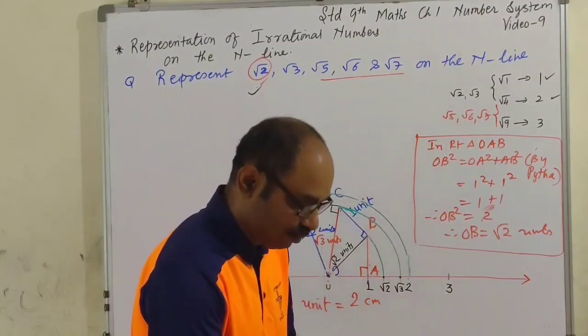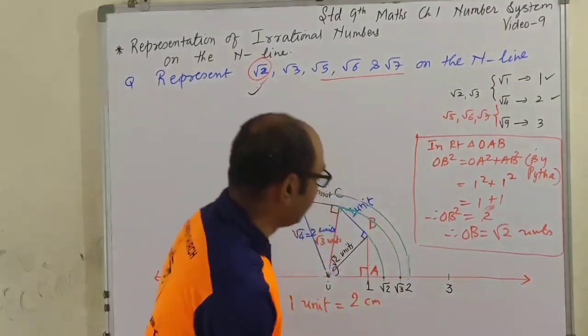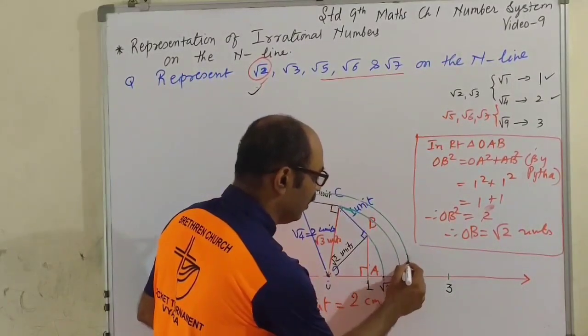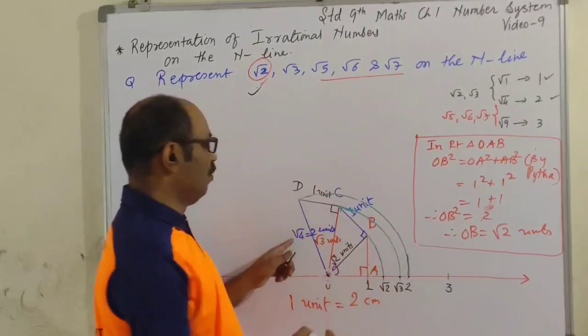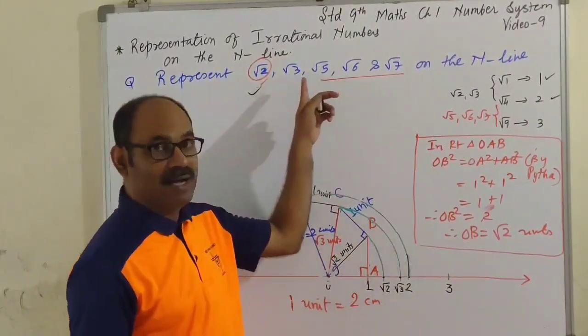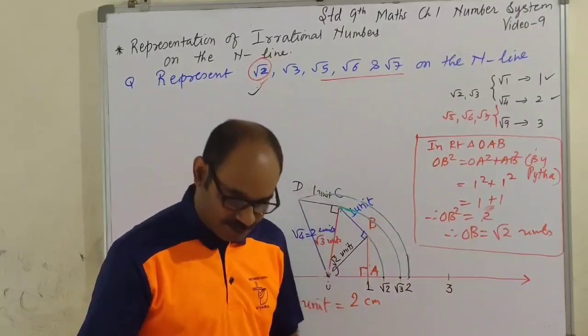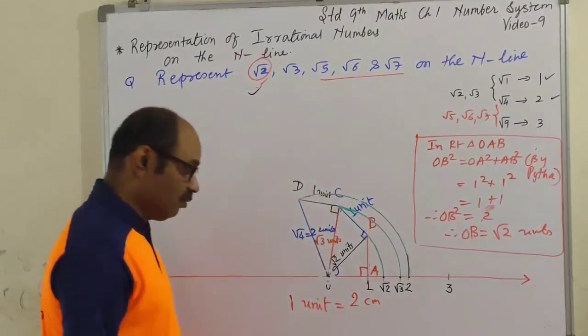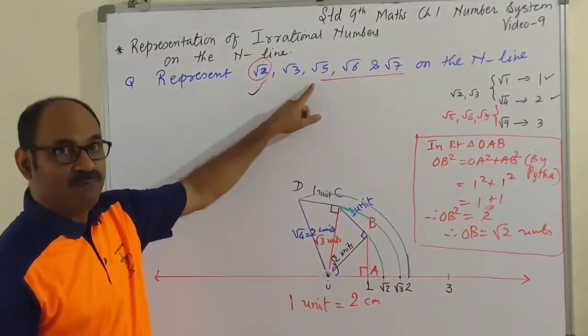Okay? So this point where you got this is √4 and that is 2. ठीक है, लेकिन 2 हमें मांगा नहीं है, right? It's not asked here.